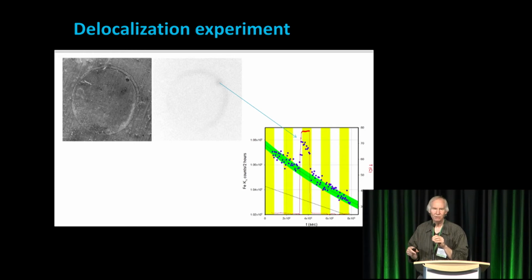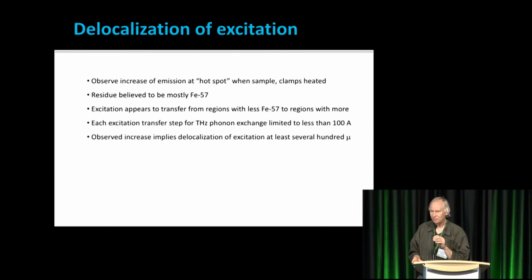And we're seeing an increase in emission from the hot spot as a result of delocalization. So the excitation in this case is moving at least a few hundred microns, maybe a millimeter, maybe more than a millimeter. We need to do more work to figure out how far it's going. But the basic idea is that this notion of excitation transfer seems to maybe actually be happening in these experiments.